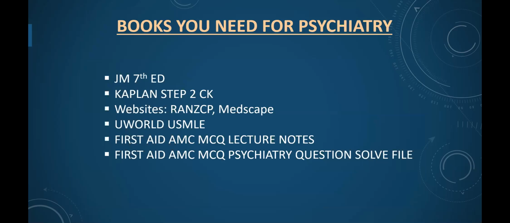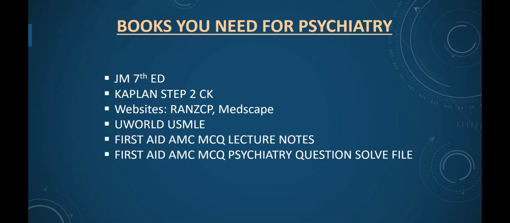You should have some idea of important websites like Range CP and Medscape. You can take some help from them. And UWorld USMLE, you should obviously be doing this before you appear for the exam.